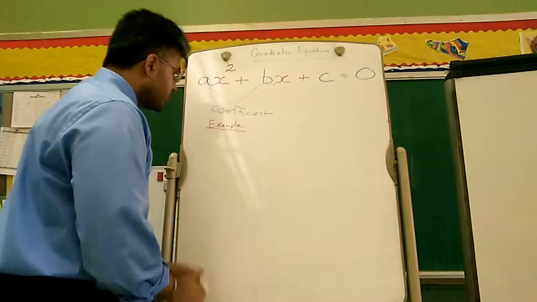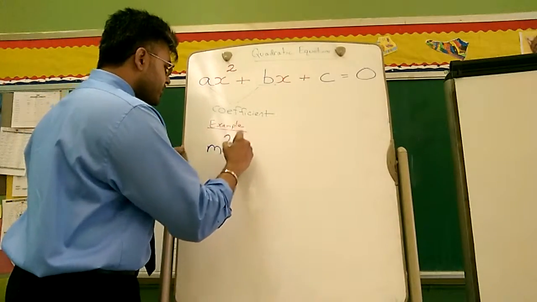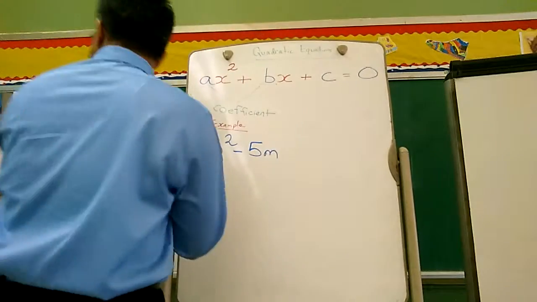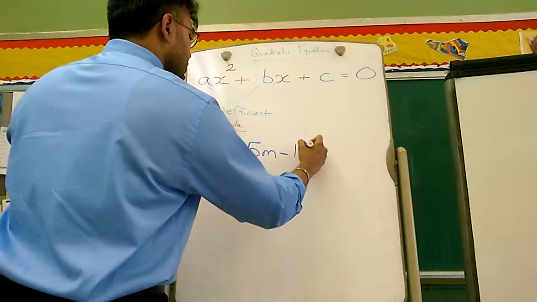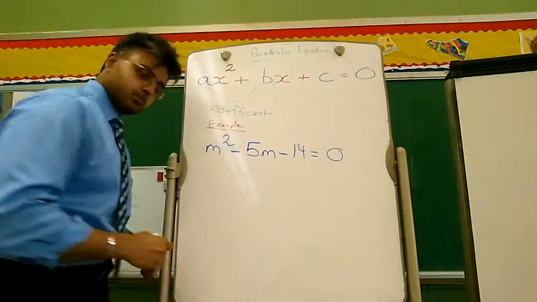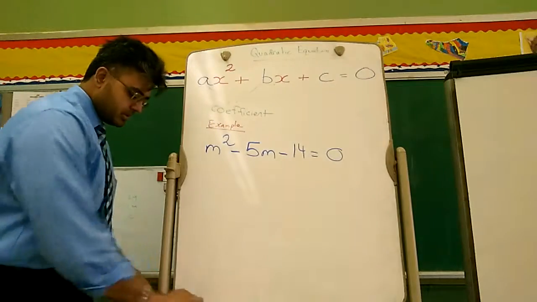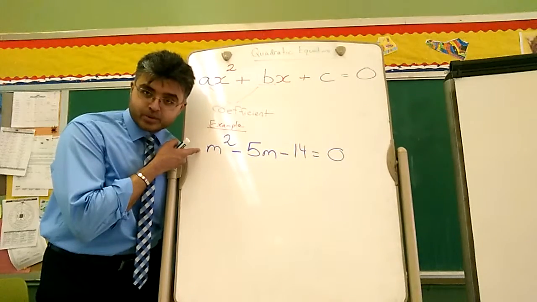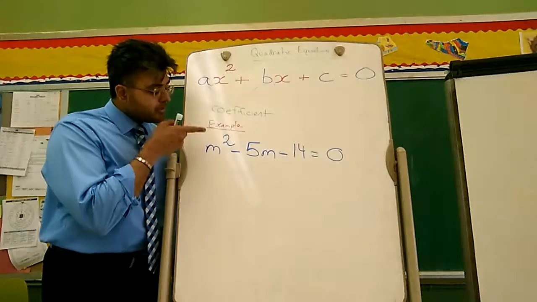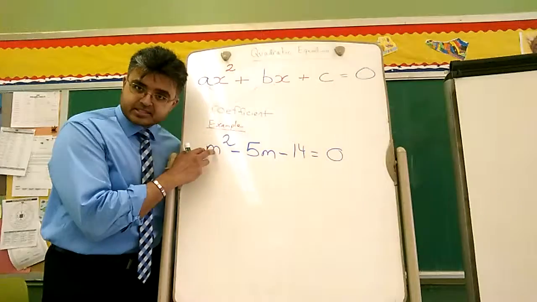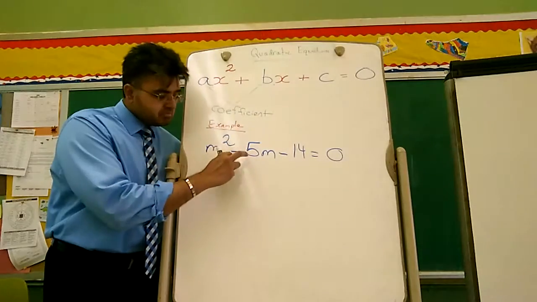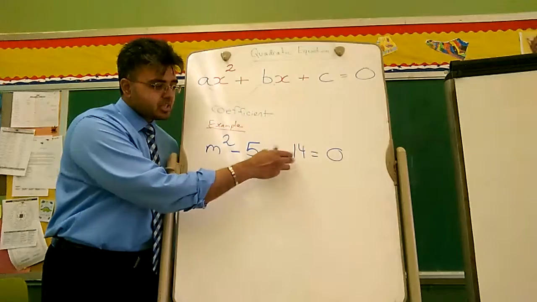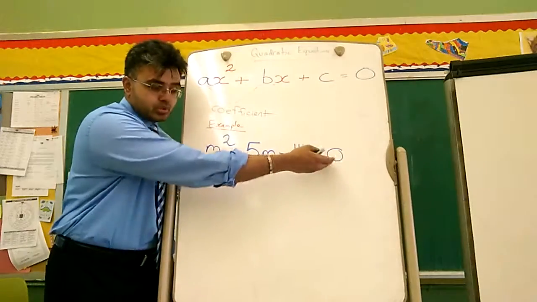Let's do m squared minus 5m minus 14 equals 0. This is a quadratic equation. You have ax squared, or missing number square, plus or minus missing number with the family again here, plus and minus some number over here, c, equals 0.